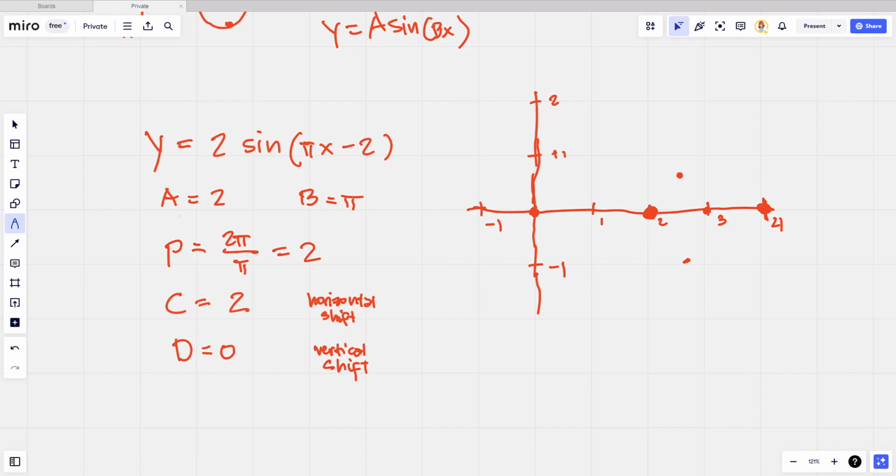The height from the midline is this one right here, since there's no vertical shift. Vertical shift is just 0. So midline plus 2. Adding 2 to that, we would have it right here. And since it's positive, we start with the maximum. We go up first because it's positive.